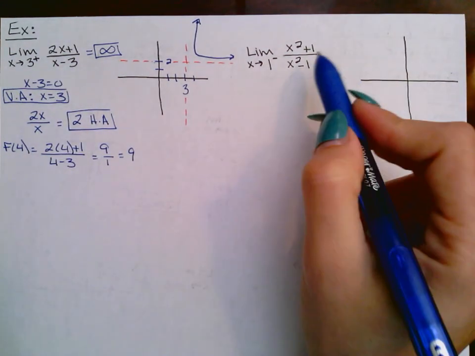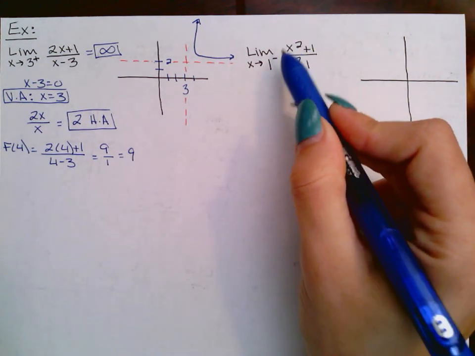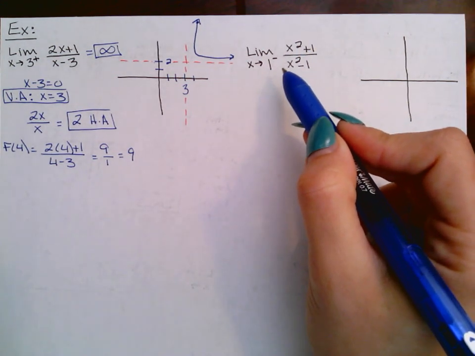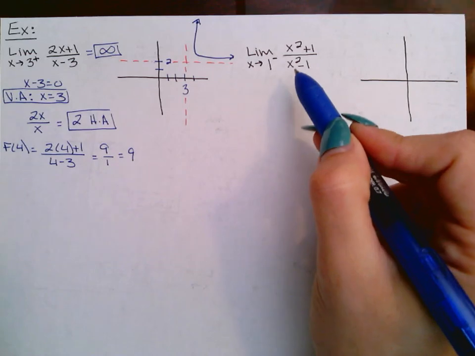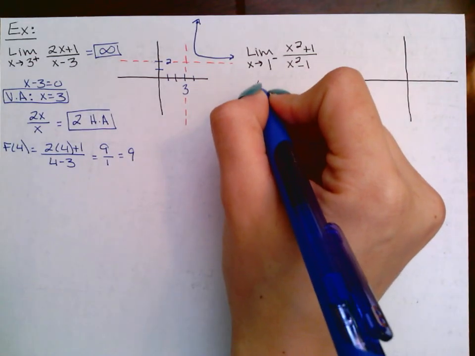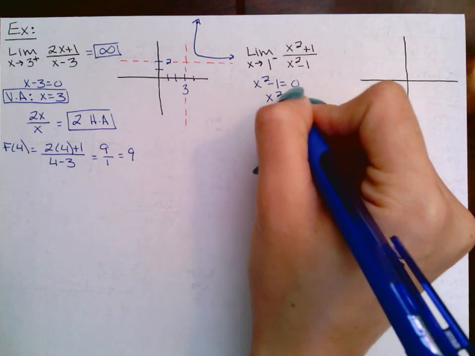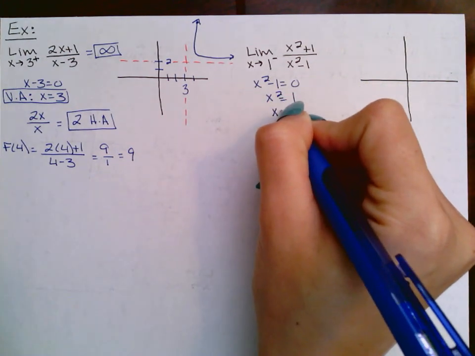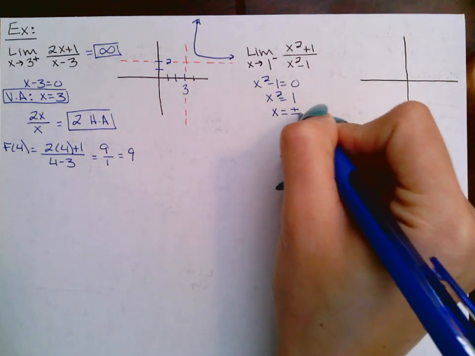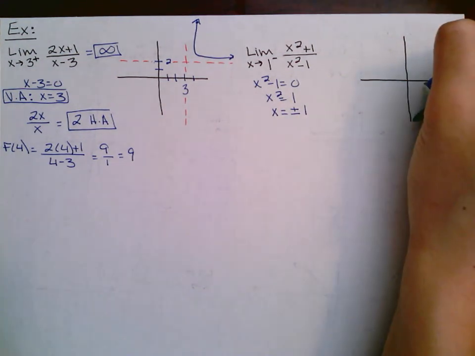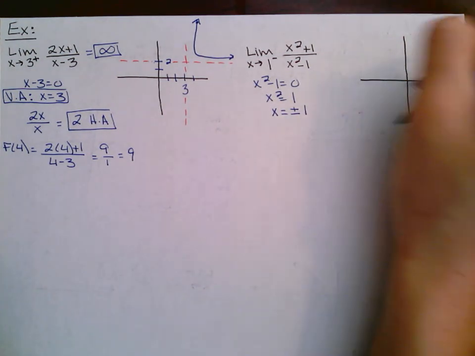So I'm going to start off with the same concept. I know fraction functions, rational functions, have horizontal and vertical asymptotes. Okay, so again, denominator set equal to 0. Please don't forget that every square root that you do has a plus or minus. Makes a big difference, okay?